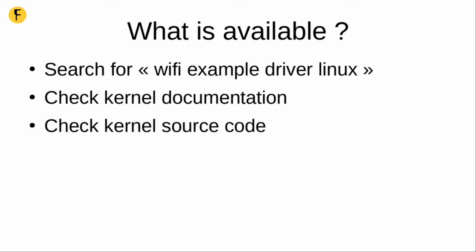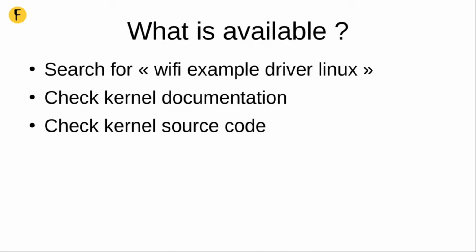We can also check the kernel documentation about the driver model. We can check the kernel source code about the drivers using the same type of functionalities. And we can start our plan from this point. We'll cover the first point in a moment.